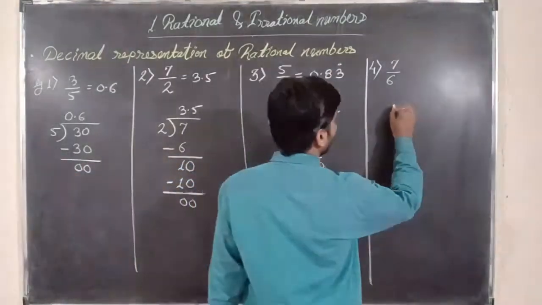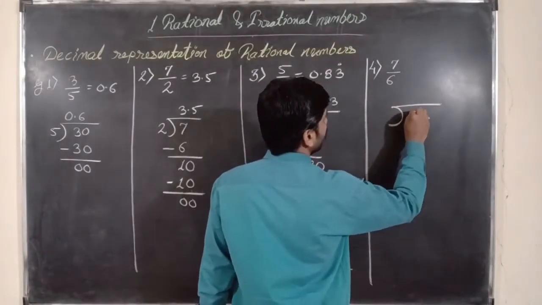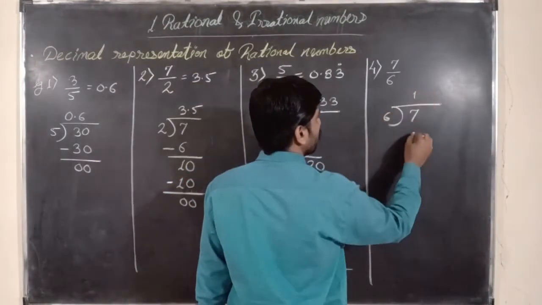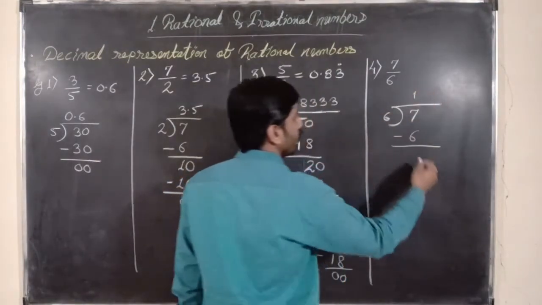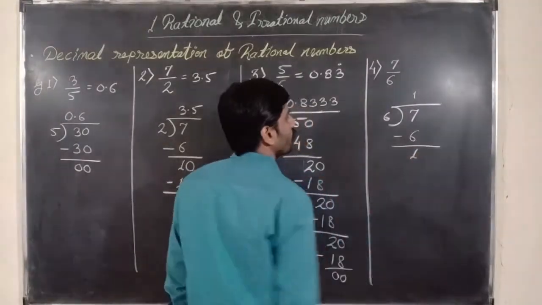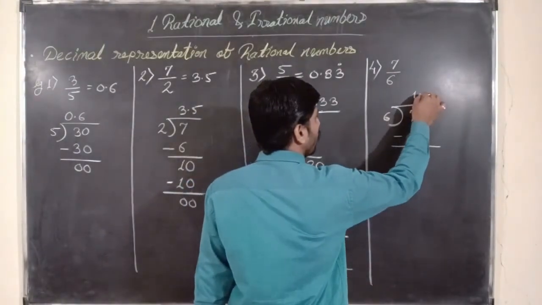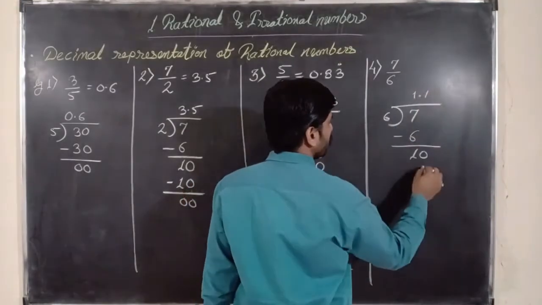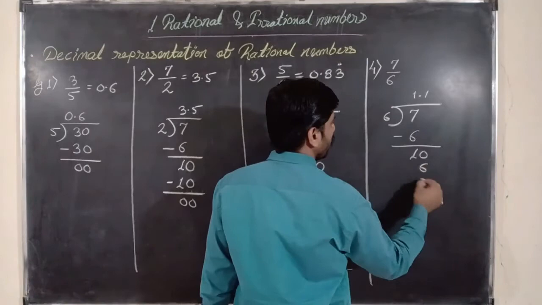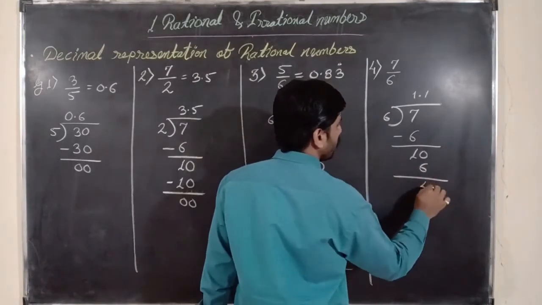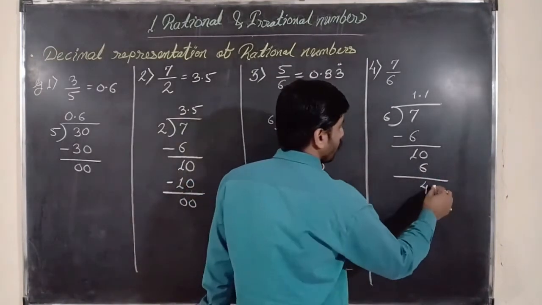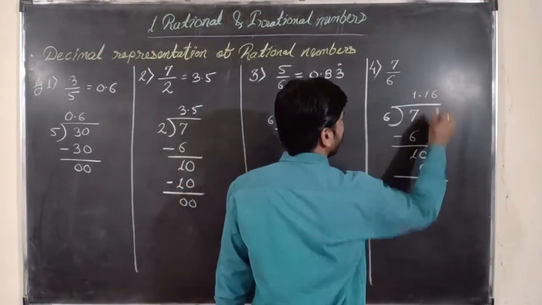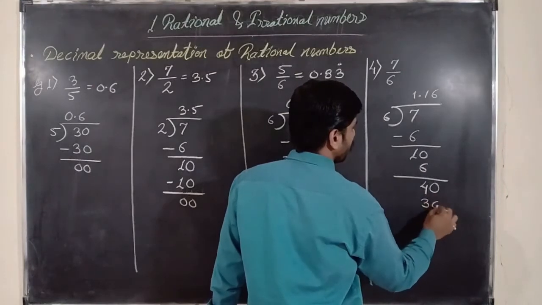Now we have another example, that is 7 upon 6. 6 ones are 6. The remainder is 1. Now we take decimal point, so this will become 10. 6 ones are 6. The remainder is 4. So this will become 40. 6 sixes are 36.